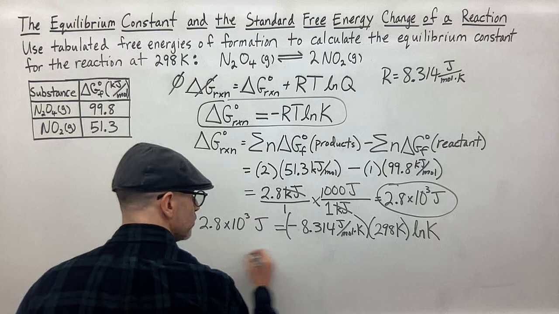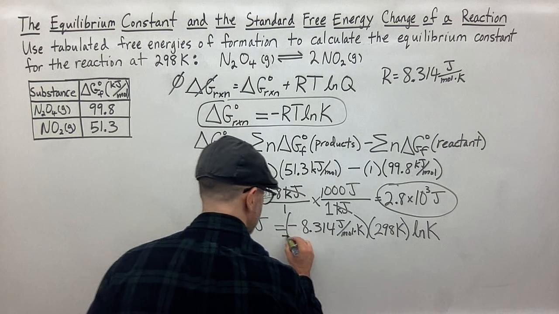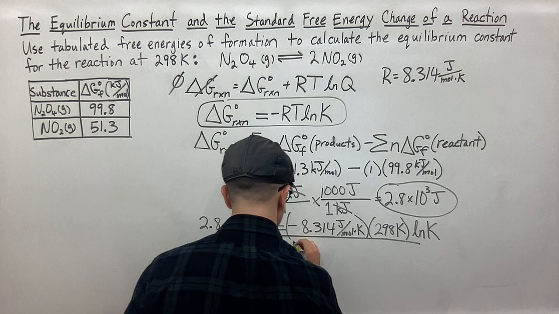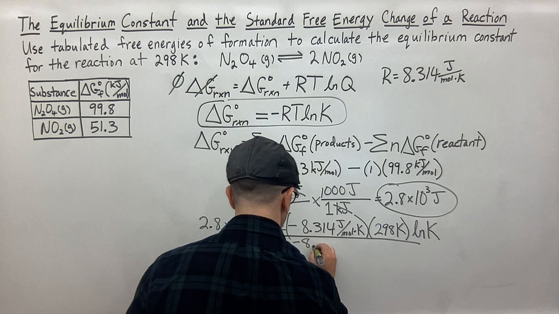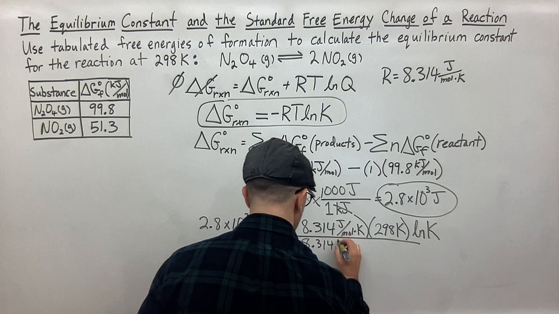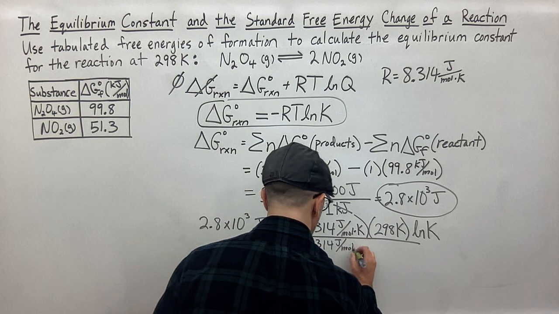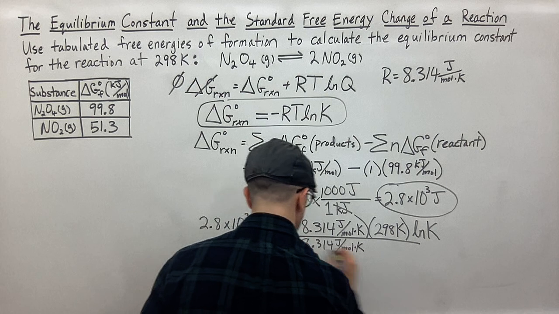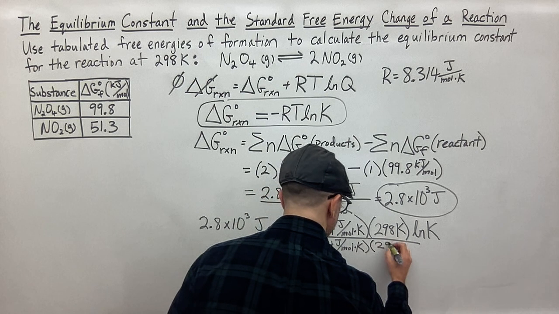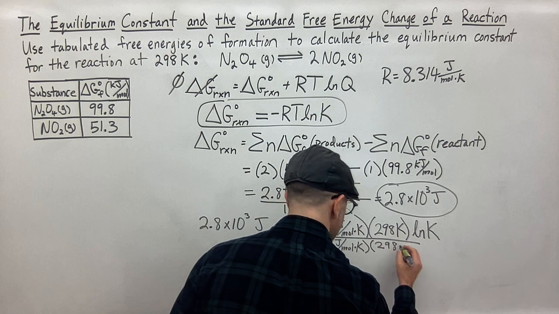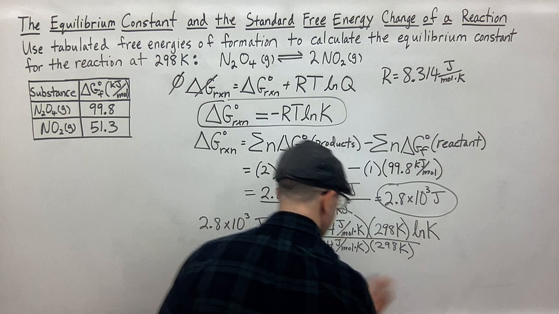So here I'll solve for ln of K, so let's divide everything. So I'll divide by 8.314 joules per mole Kelvin and 298 Kelvin there.